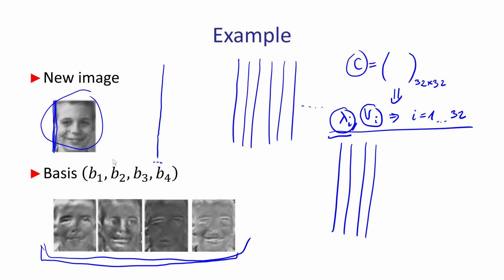Those vectors I can reorganize back into images because I know the number of columns and number of rows. So I can reorganize those vectors back into image shape, and those are the images that I've got: those 4 images, which correspond to the largest eigenvalues in the covariance matrix.